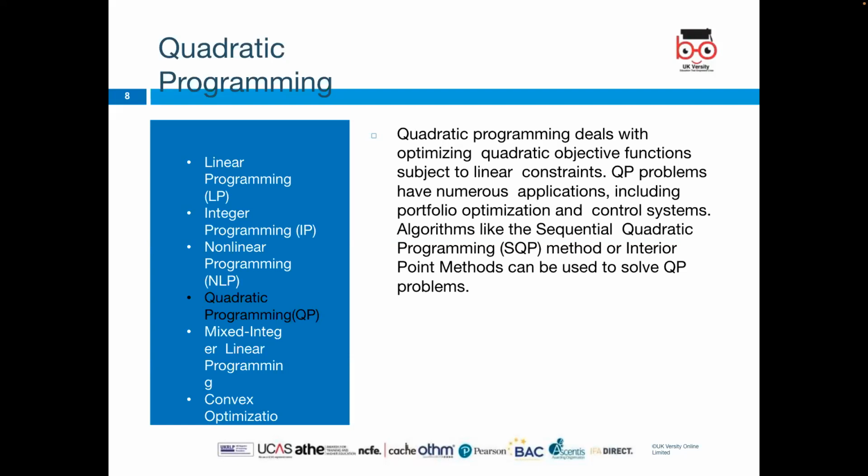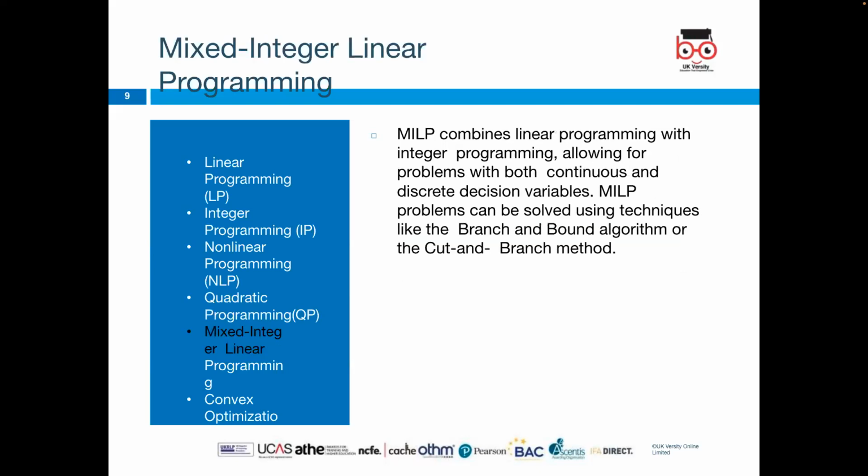Algorithms like the sequential quadratic programming, SQP method, or interior point methods can be used to solve QP problems. MILP combines linear programming with integer programming, allowing for problems with both continuous and discrete decision variables. MILP problems can be solved using techniques like the branch and bound algorithm or the cut and branch method.